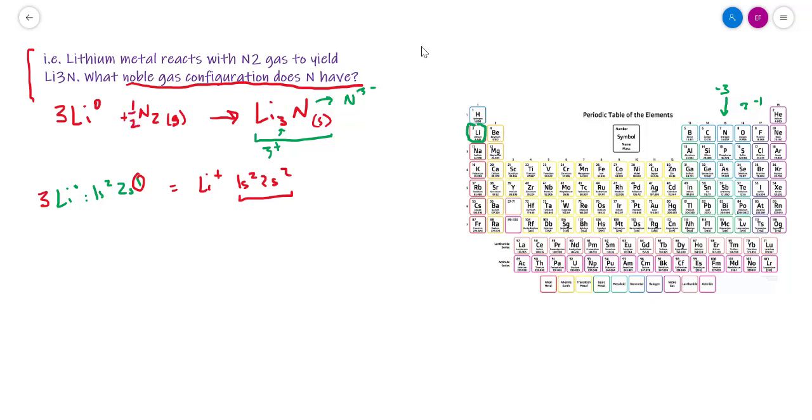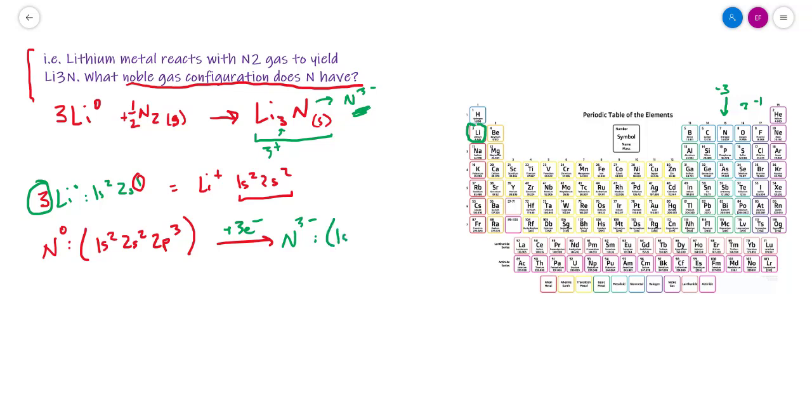So in that case, nitrogen 0 will have a configuration of 1s2, 2s2, 2p3, and we are going to tack on all 3 of those electrons that we just stole away from 3 lithium atoms, and that's going to give us the N3 minus that we had already concluded was going to be the case, and that has a configuration of 1s2, 2s2, 2p6.